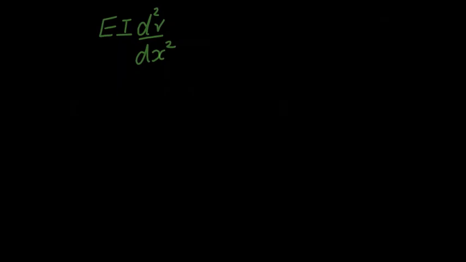If you differentiate it 2 times, 1 time differentiation is going to give you cos pi x over L into pi by L. 2 times differentiation is going to give you minus pi squared by L squared into sine pi x over L. So 2 times differentiation, it is EI into pi square over L square into sine pi x over L. I think I'm missing a negative sign here, so I'll put a negative sign. So this is EI into d squared v by dx squared.